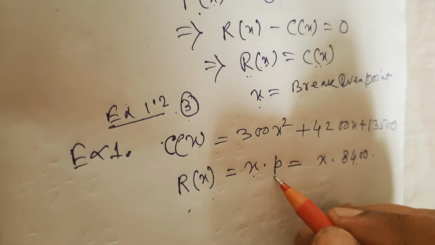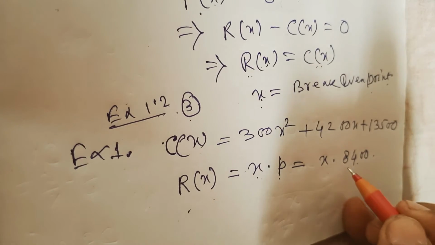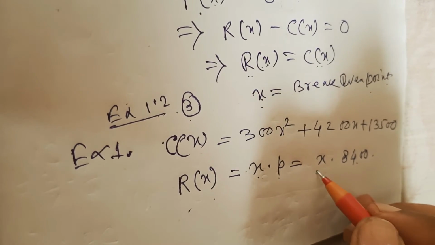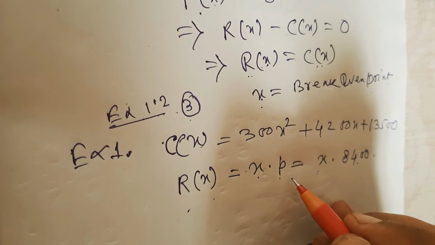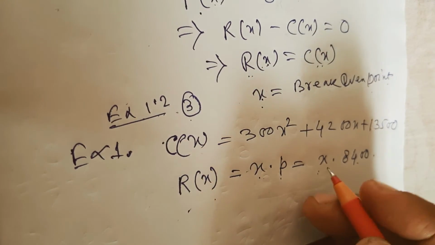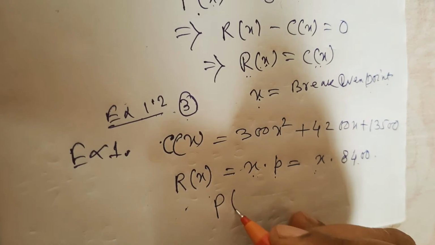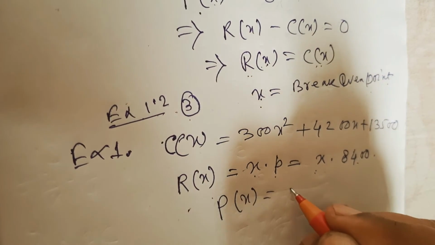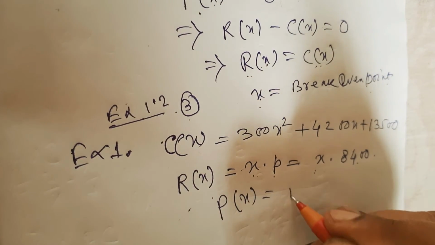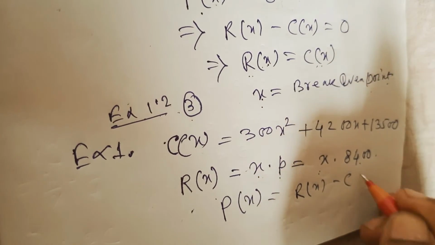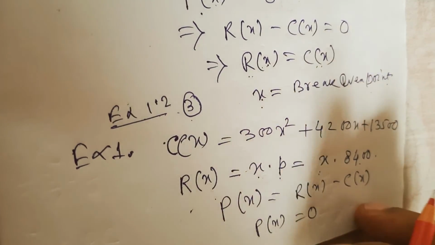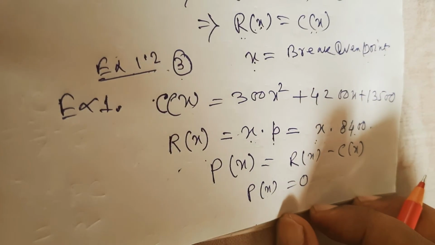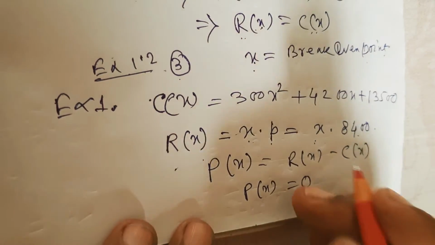Each is sold at rupees 8400, meaning x units are sold at 8400. You find the break-even point. I already told profit function is equal to revenue function minus cost function. When the profit function is equal to 0, that x is called a break-even point.